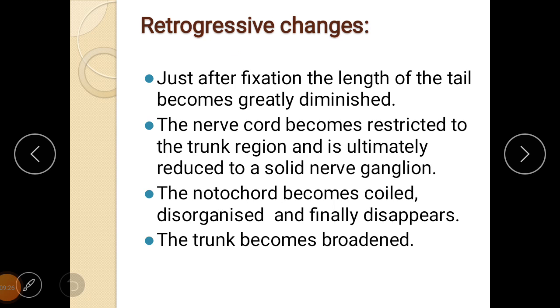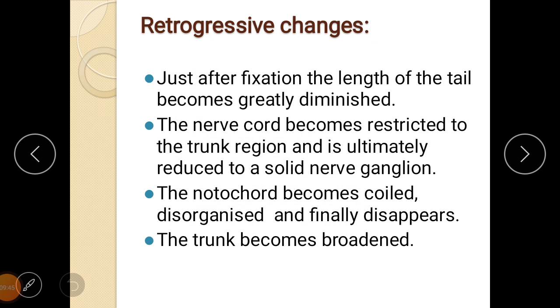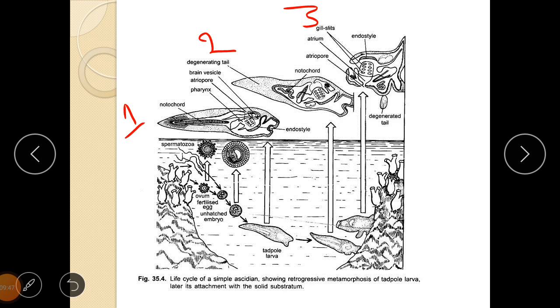According to the first part, just after the fixation, the length of the tail becomes greatly reduced. So you could see that. This is the Ascidian tadpole larva, not adult, and this is the second larval stage, and this is the adult. After fixation, the tail becomes greatly reduced.